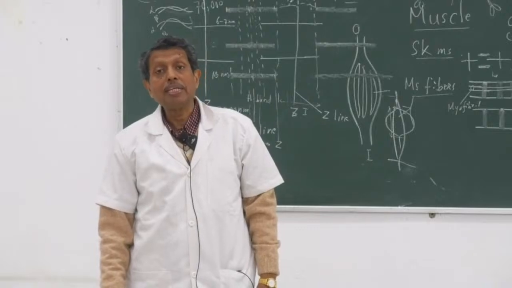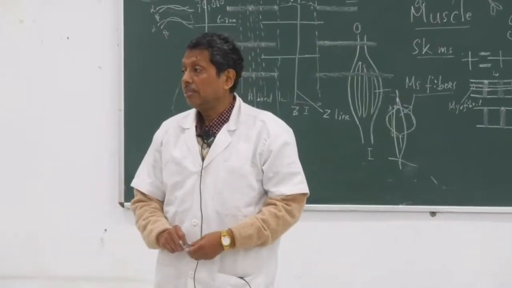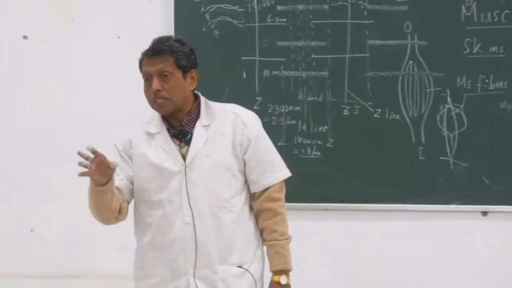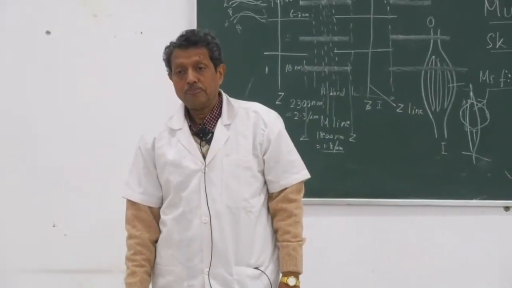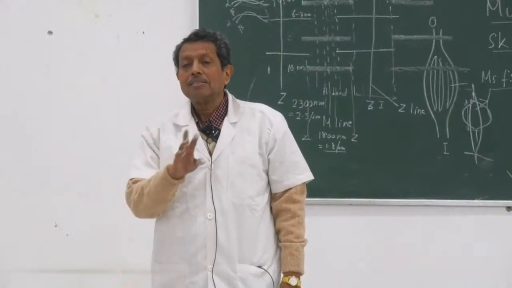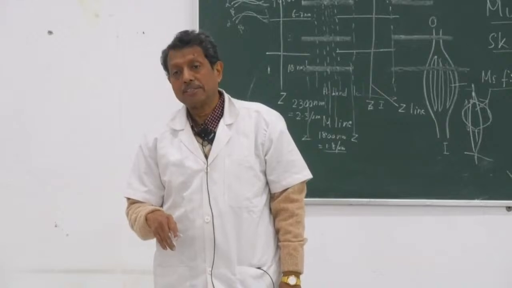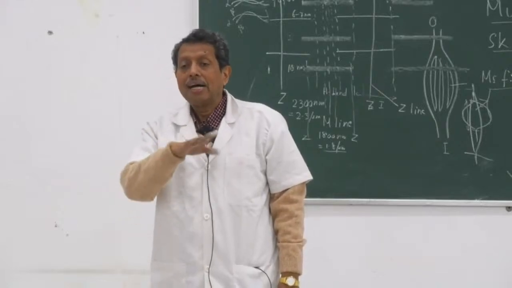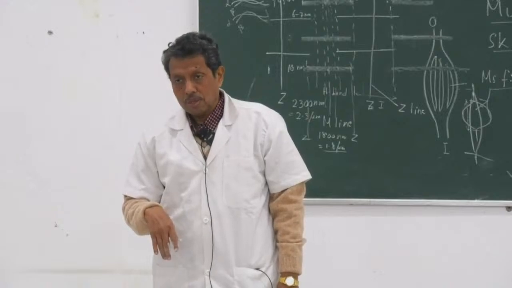There is the sarcoplasmic reticulum. The reticulum is a specialized endoplasmic reticulum of the muscle cell, and it has two parts. One is the terminal part, called terminal cisterns. The other part is called L tubules, or longitudinal tubules.